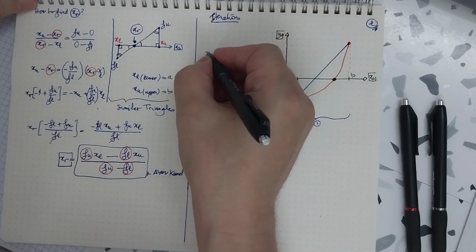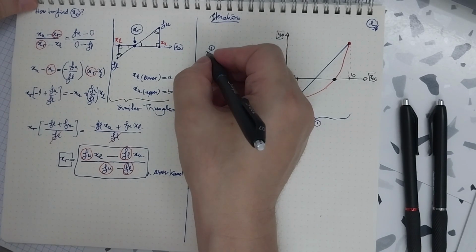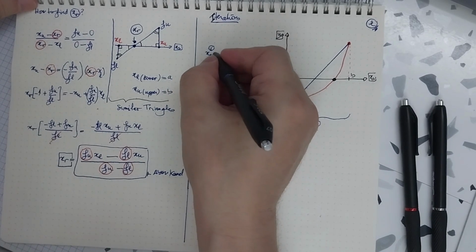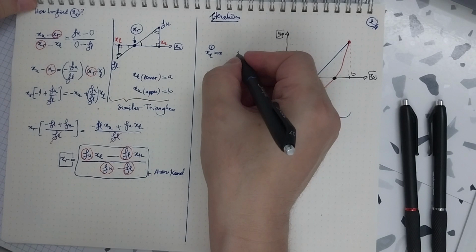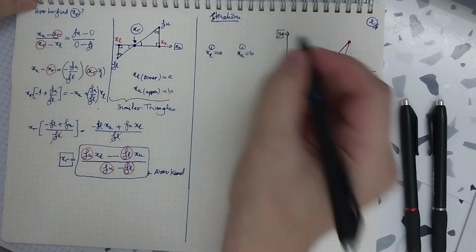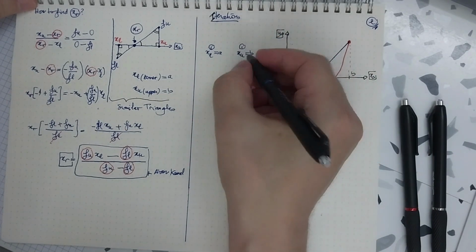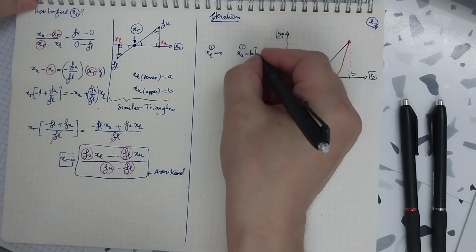XL, the lower bound of the first interval, it's not power 1, it's the first interval, equals A. And the upper bound of the first interval equals B. The first interval is defined by A and B, which are given.